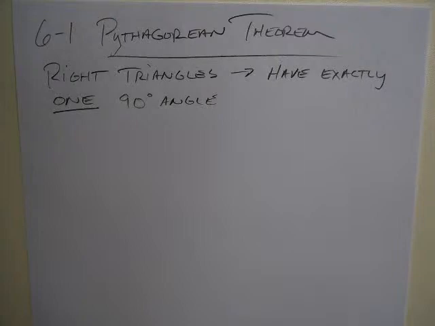Can we make a triangle with two 90-degree angles? It wouldn't be a triangle at all, would it?